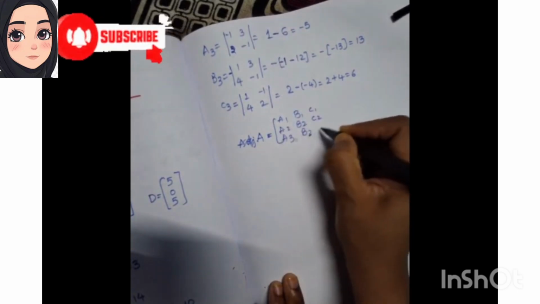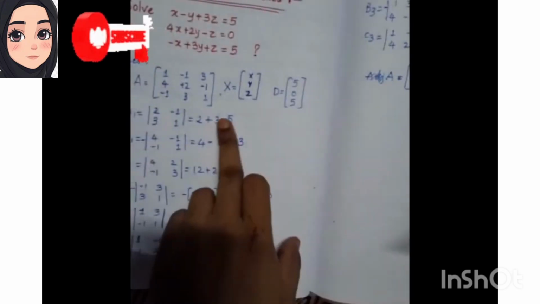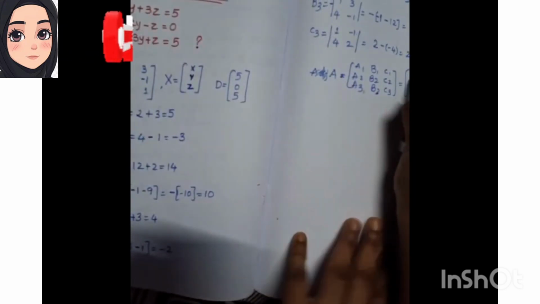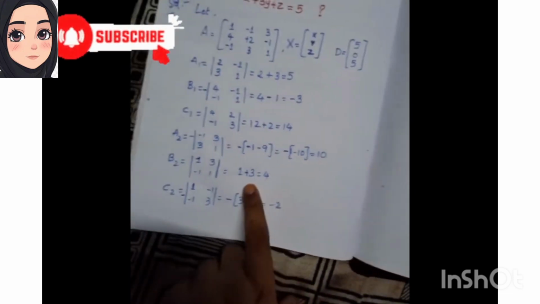A2 B2 C2 means A2 10, B2 4, C2 minus 2. A3 B3 C3: minus 5, 13 and 6 here. So we got matrix A, all determinants we have got.